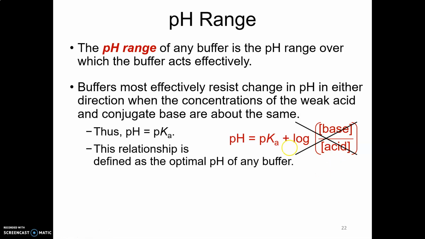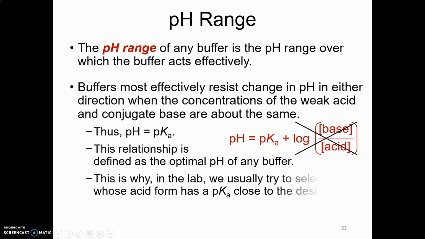When this is set to 1, that is the definition of an optimal buffer, because if the concentration of base and acid are the same, then the log of 1 is 0, so pH equals pKa. And this is what we define as an optimal buffer, when pH equals pKa, okay?